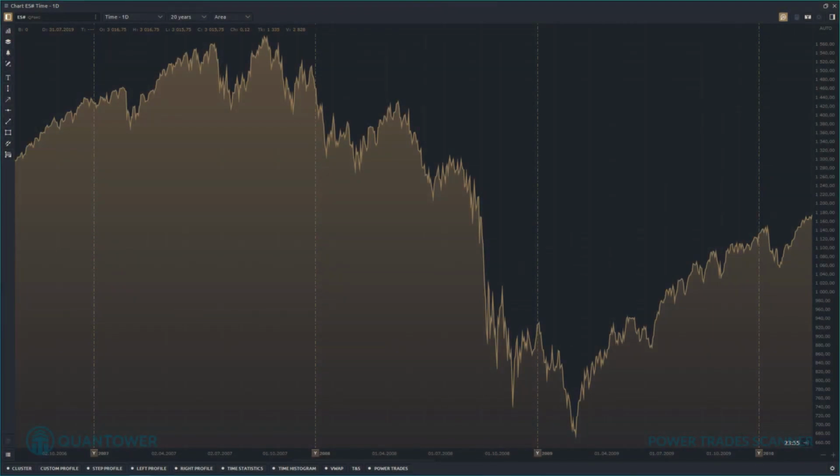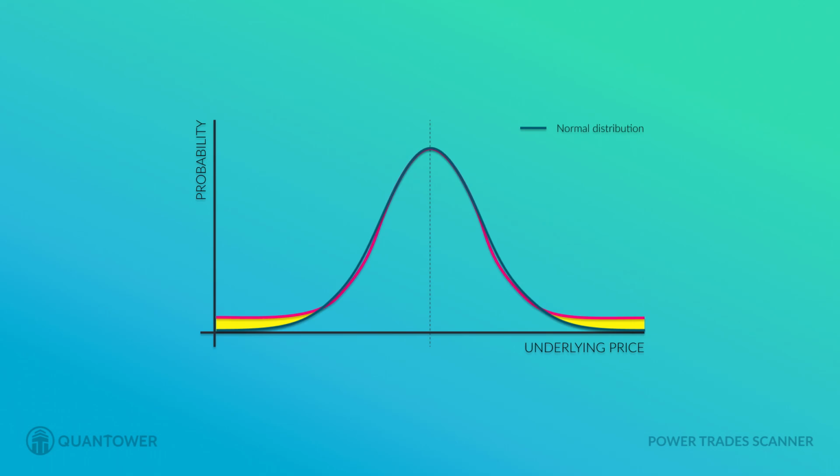The best example I can think of is the year 2008, when the price moved down for a long period of time, and according to the normal distribution model, the probability to cross 3 standard deviations is less than 0.1%, but the real probability was much larger. This phenomenon is known as the fat tail distribution.